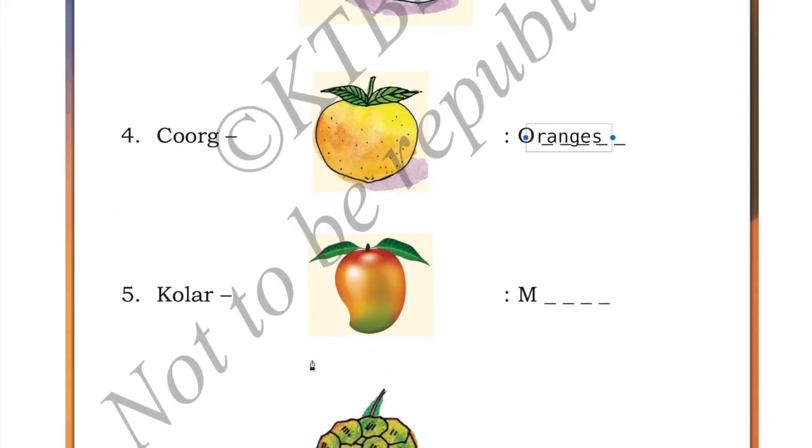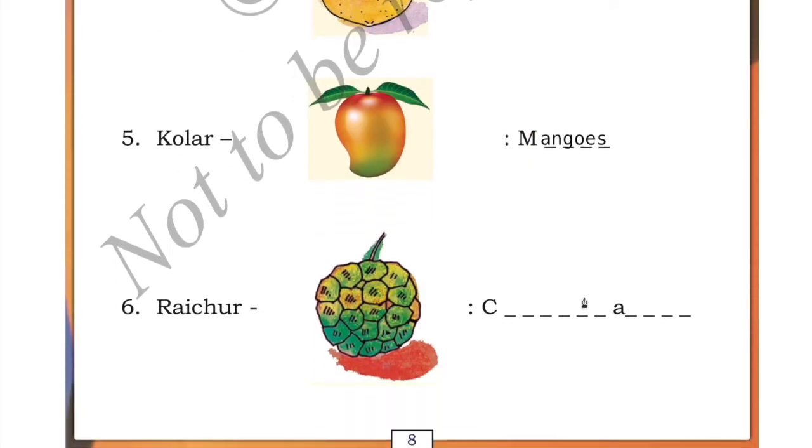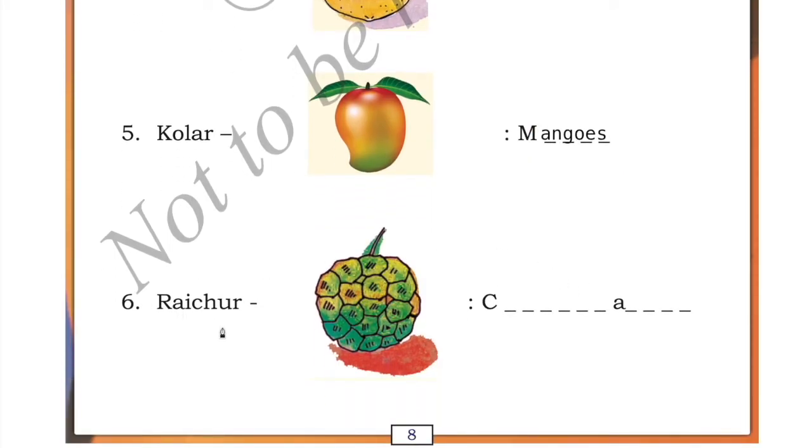Okay, and finally we have these. We have Kolar, which is famous for mangoes. And we have Raichur, which is famous for custard apple. Custard apple is nothing but Sitapala.